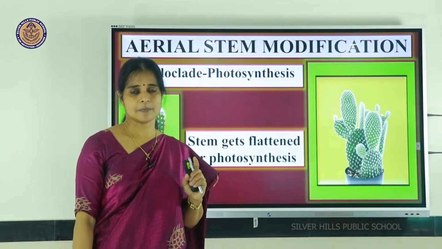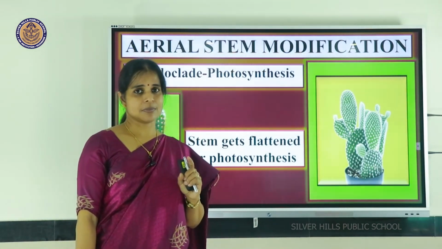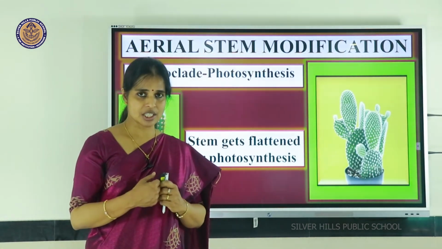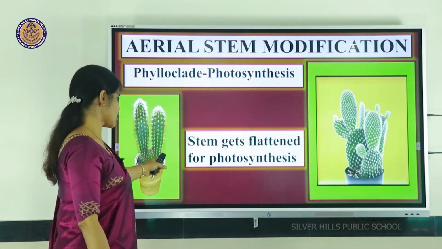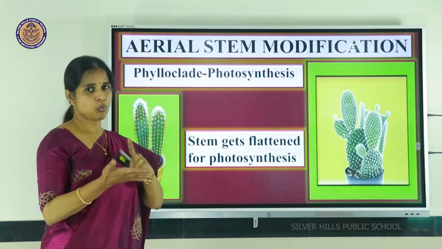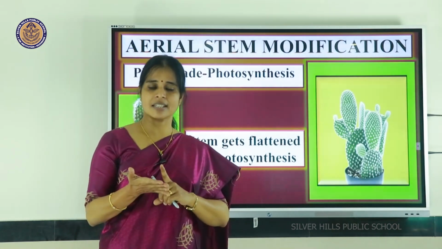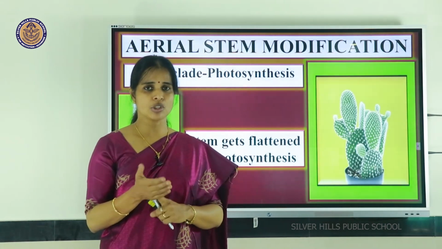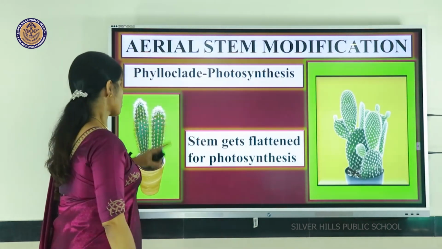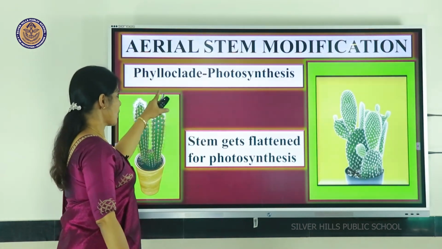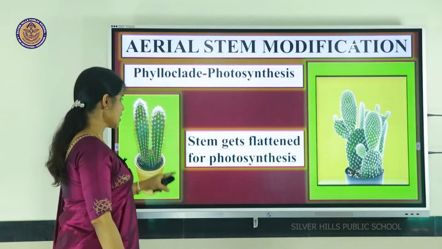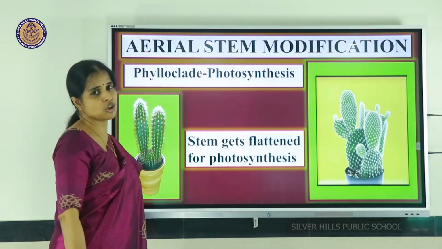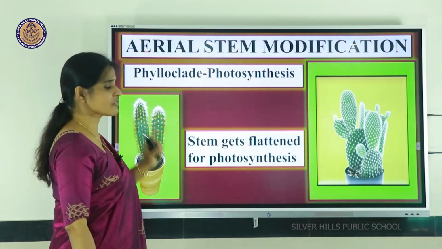photosynthesis. So in such plants, for performing photosynthesis, the stem undergoes a modification: the stem gets flattened. A flattened stem which is green in color, that means it contains chlorophyll pigment, is able to trap the sunlight and conduct photosynthesis. So when the stem undergoes a modification, getting flattened and green in color, and is able to undergo photosynthesis, it is known as phylloclade.